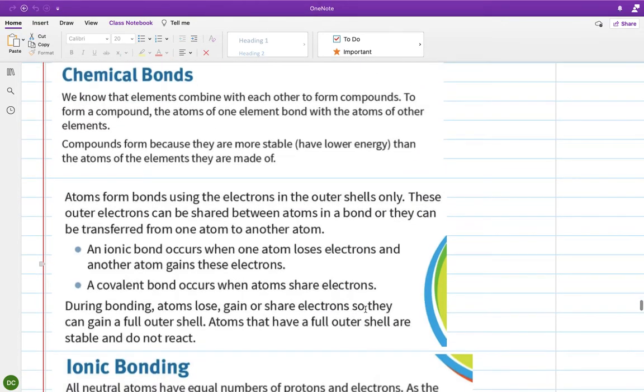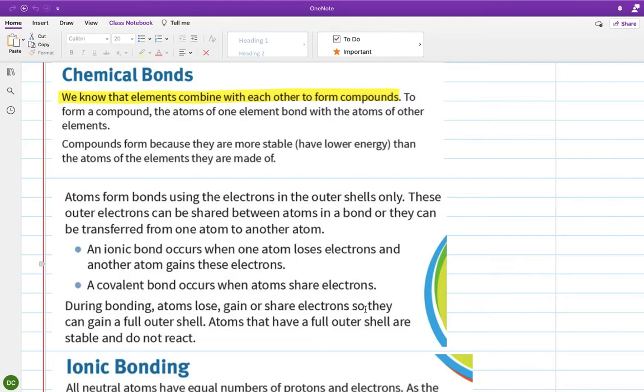So we know that these bonds are formed. We know that water is H2O. We know that carbon dioxide is CO2. All of those things are compounds. So we're aware that elements combine with each other to form compounds.